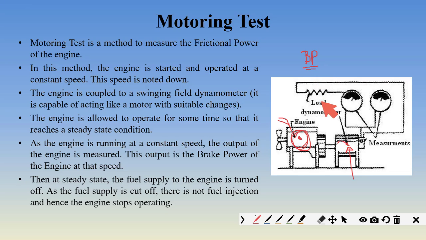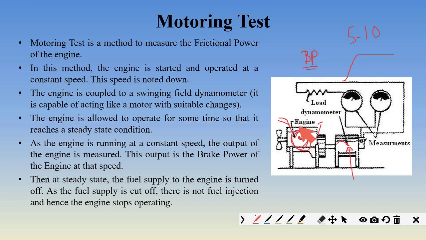What do we do next? We let this engine run for some amount of time. Let us say we let this engine run for 5 to 10 minutes. In these 5 to 10 minutes, what happens? The coolant warms up and settles to a fixed temperature. Similarly, the lubricant works at the same temperature.